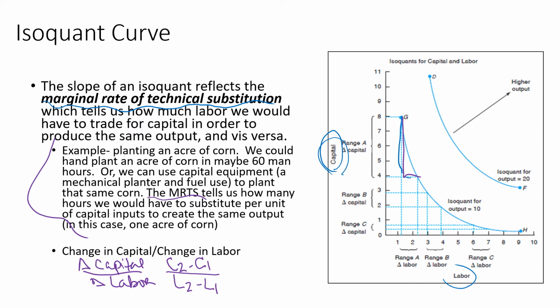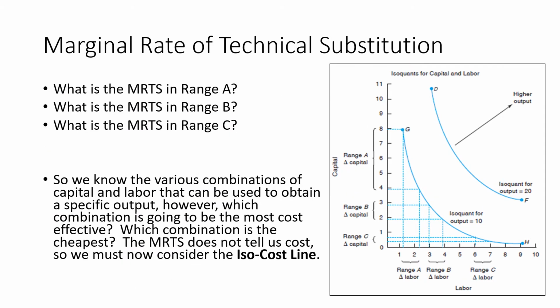Okay, so let's look at a couple calculations. So on this graph, we want to find what is the marginal rate of technical substitution in range A. So basically from going from point G to, we have an unlabeled point down here. So how we are going to calculate that, it's going to be capital 2 minus capital 1 divided by labor 2 minus labor 1.